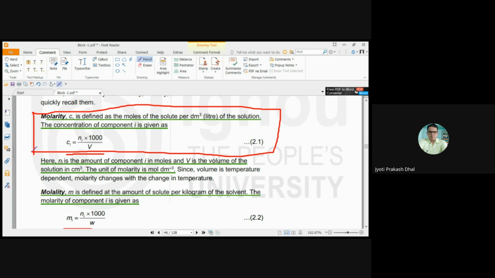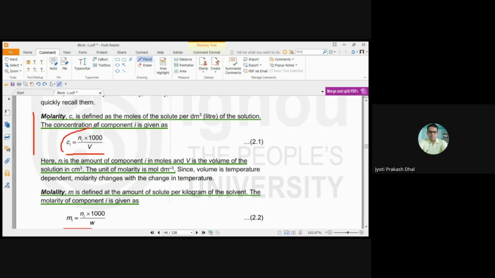That means molarity equals the number of moles of the solute divided by the volume of the solution in liter. But if the volume of the solution is given in ml, the equation becomes number of moles of the solute into 1000 divided by V, where V is in ml.